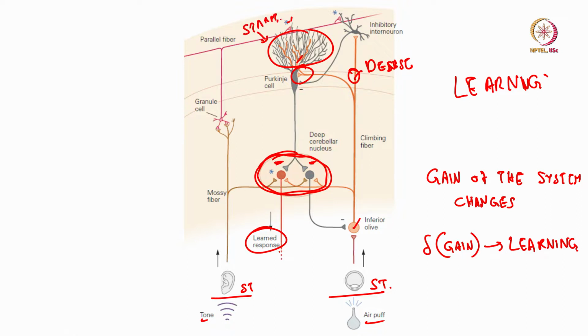Sparse because multiple granule cells impinge, giving a small signal to the Purkinje cell. So, the Purkinje cell averages both the dense signal and the sparse signal, and then outputs it into the deep nucleus, which in turn gives the final output of the cerebellar computation.